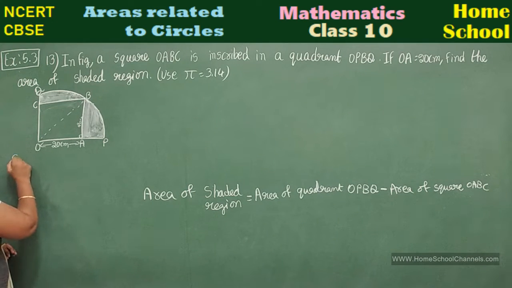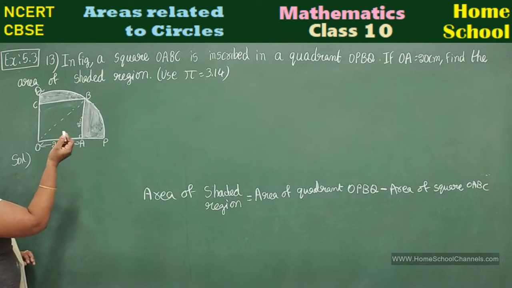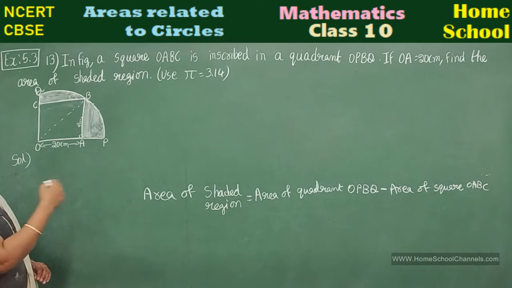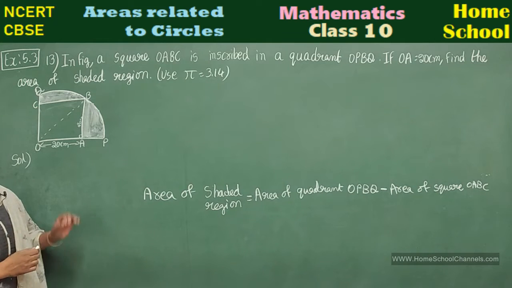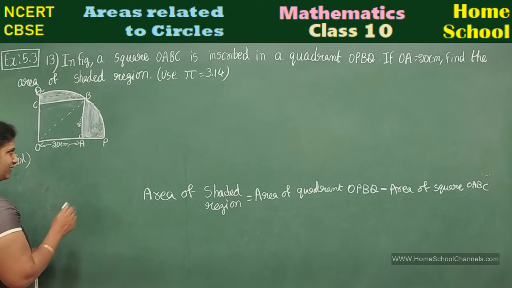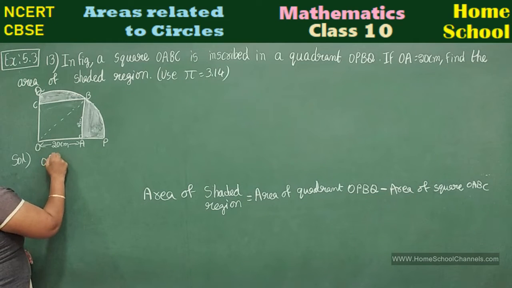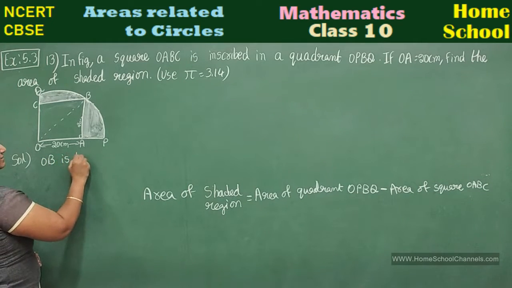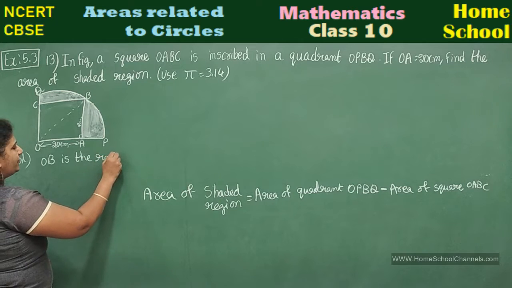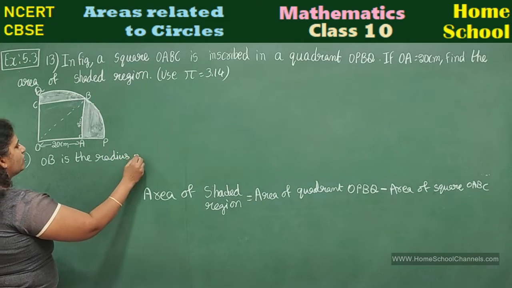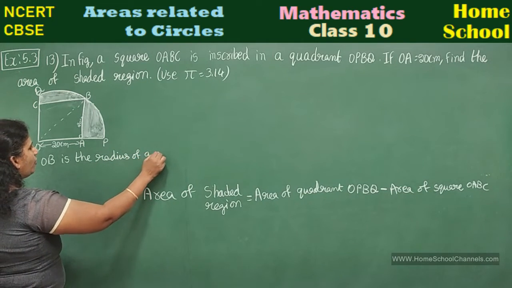So let's start the solution. Given data, if you want, you can write quadrant, square and all. OA is equal to 20 centimeters and all. You can complete that statement. Then directly I am going to continue here. OB is the radius of the quadrant.